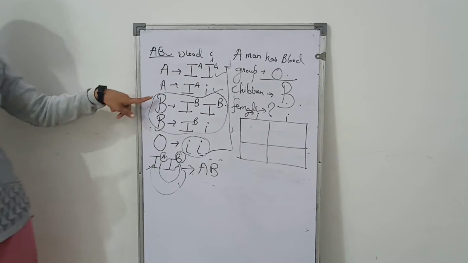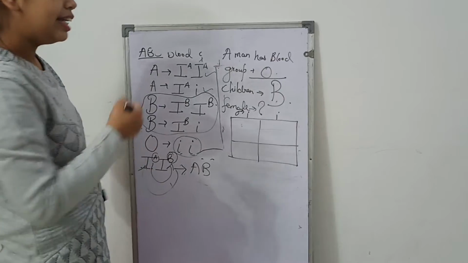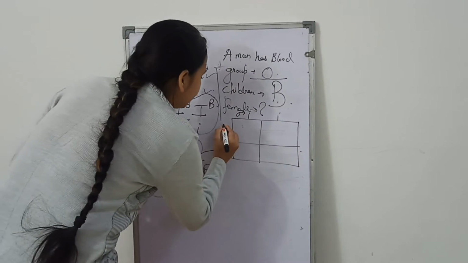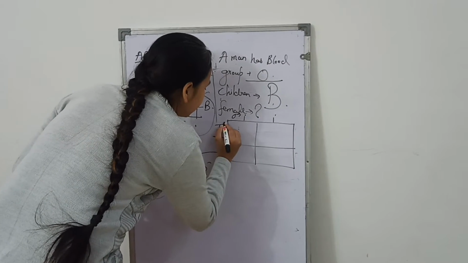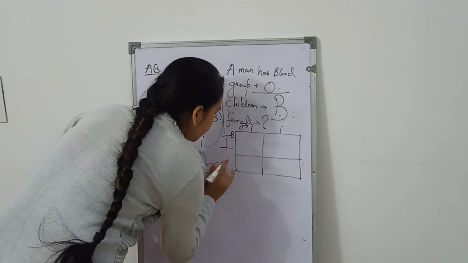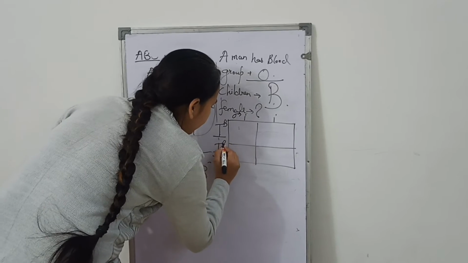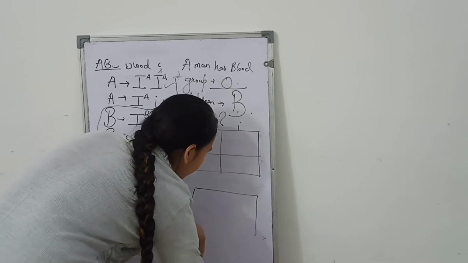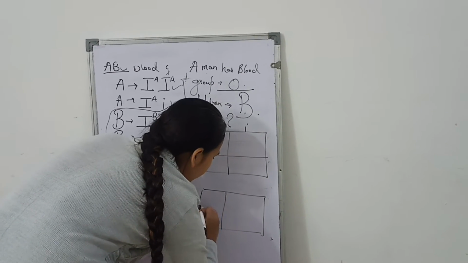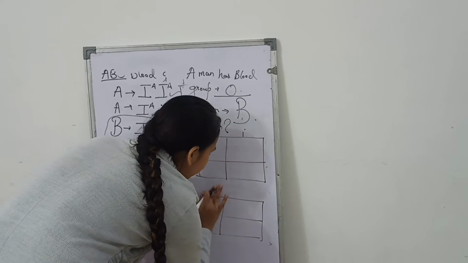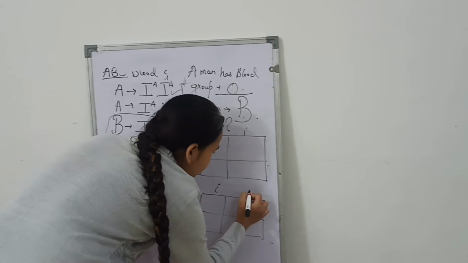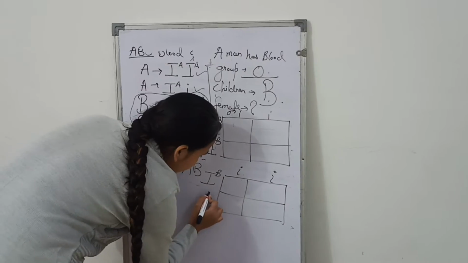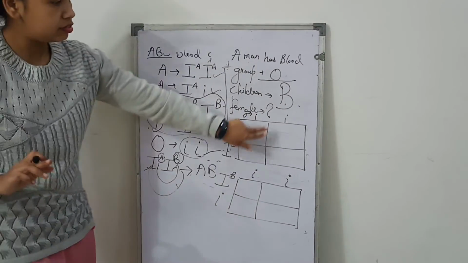So, we have to take both the genotypes and do the cross, and then we will find our answer. So, here it is. Let's take this. The female can be this. Okay. And I will make the second cross also here. See, the man's blood group is fixed, genotype is fixed. So, the female can be this or this. Right? And now we have to do both the crosses.